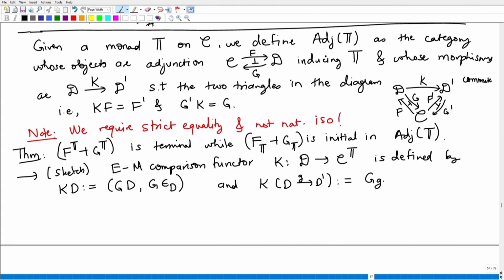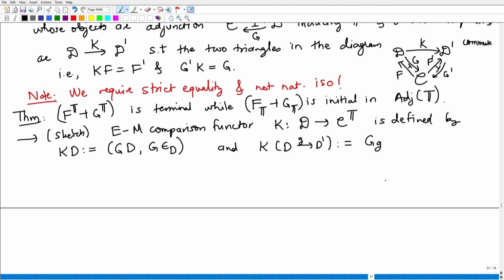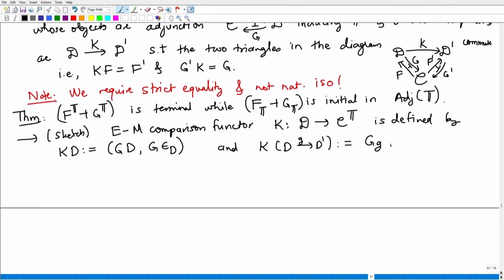I mean, you have to do the only thing possible. There is no other option here. And you have to verify the commutativity properties. This verification I am leaving as an exercise. Then the Kleisli comparison functor. What should be the source category of this functor?